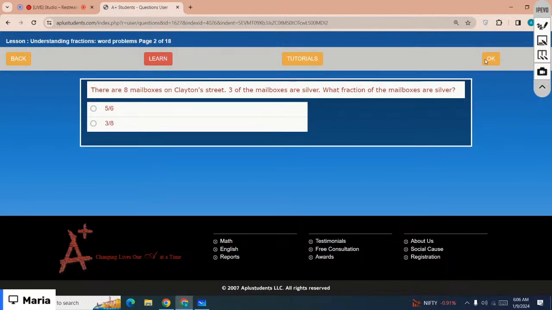Okay, the next one is there are 8 mailboxes on Clayton Street. 3 of the mailboxes are silver. What fraction of the mailboxes are silver? Which is the correct option?